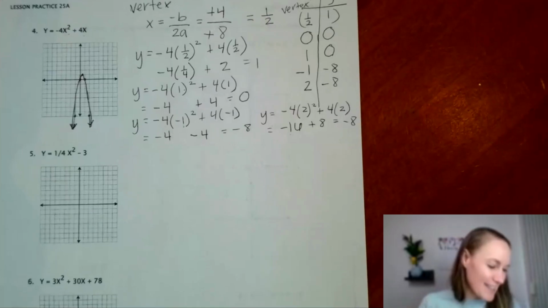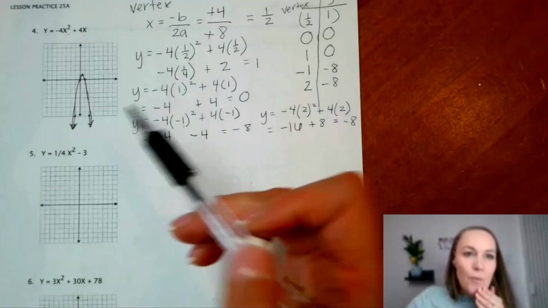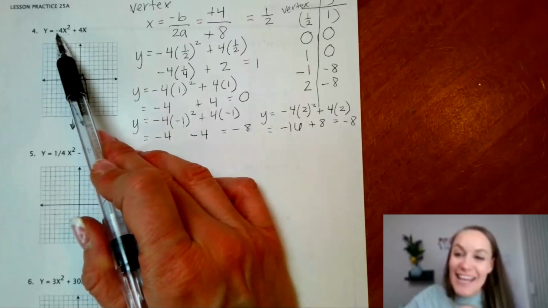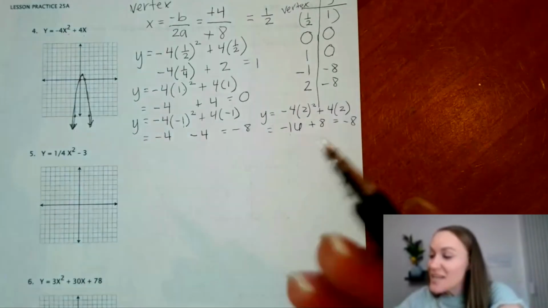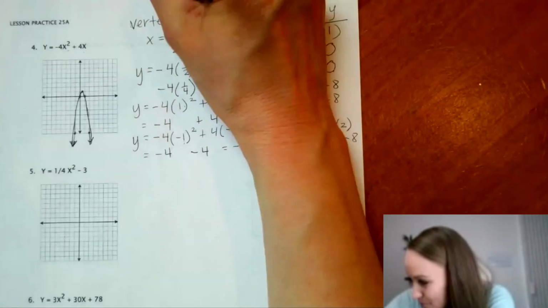Looks something like that. Okay, so we didn't do our open up or down, but if you notice, we have a negative value on our first term. So that means it's going to open down, and that is exactly how we graphed it.